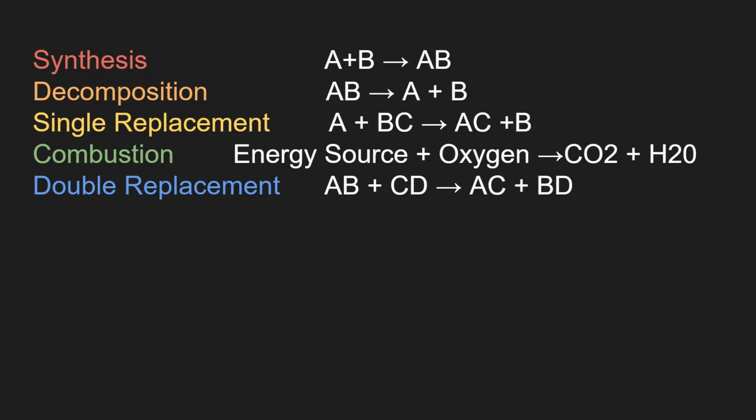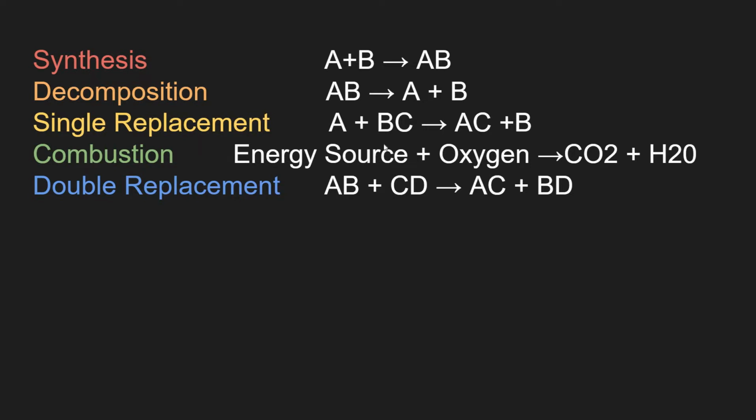Now, single replacement is where we have an element with a compound. And essentially in this specific example, the positive element is being swapped with the positive element of this compound, which turns into AC and B. So that's what's going on there.